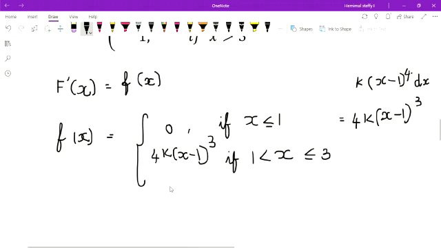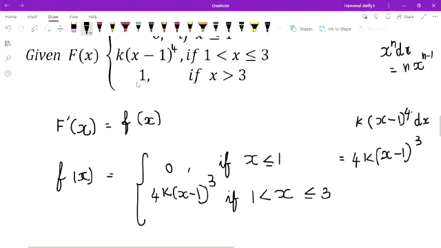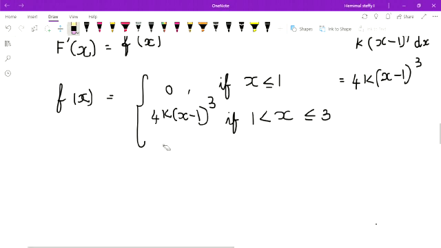Then the next one, the final one: the differential of 1 is equal to 0. So I'll write here 0.